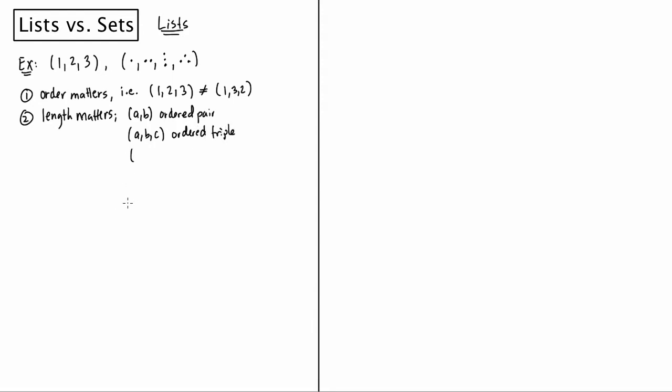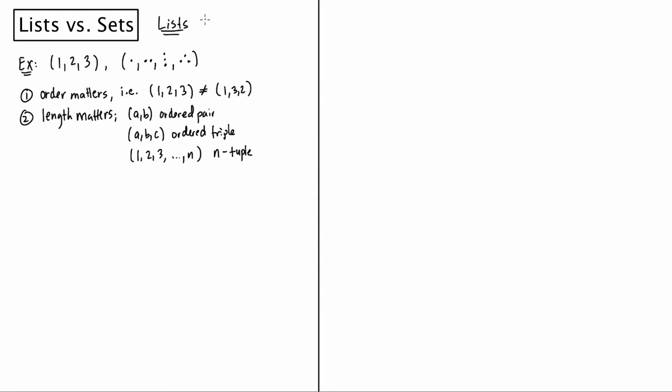And suppose there are n objects, I'll write this using numbers to designate the slots; you'll hear the term n-tuple. So a 2-tuple would be an ordered pair, a 3-tuple would be an ordered triple, and in general if you have n objects it's called an n-tuple.